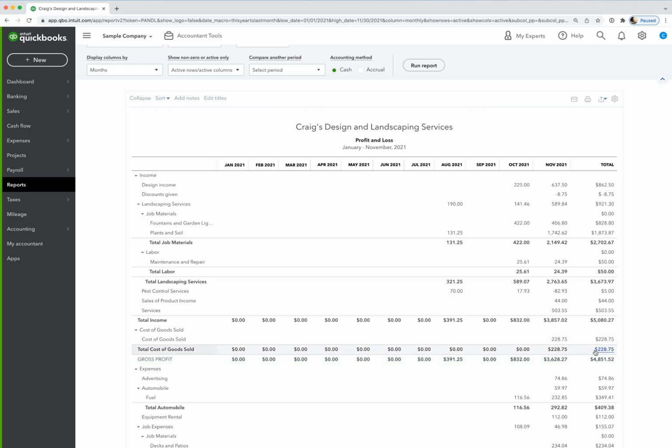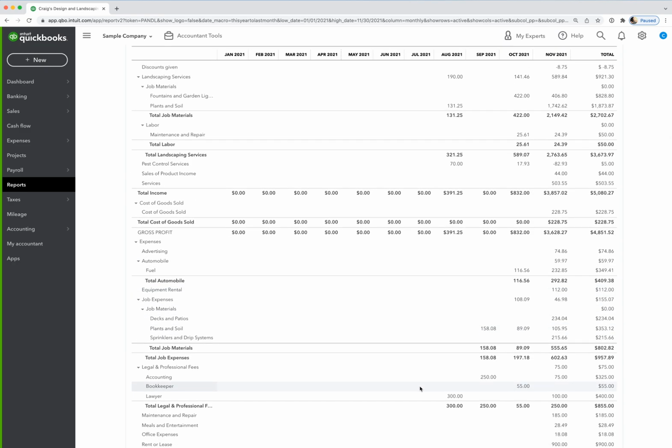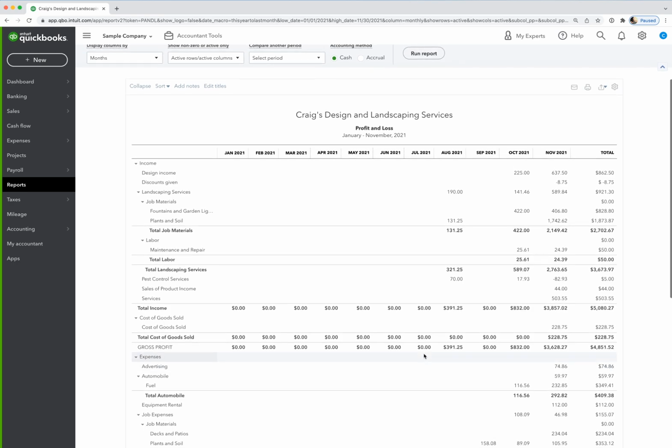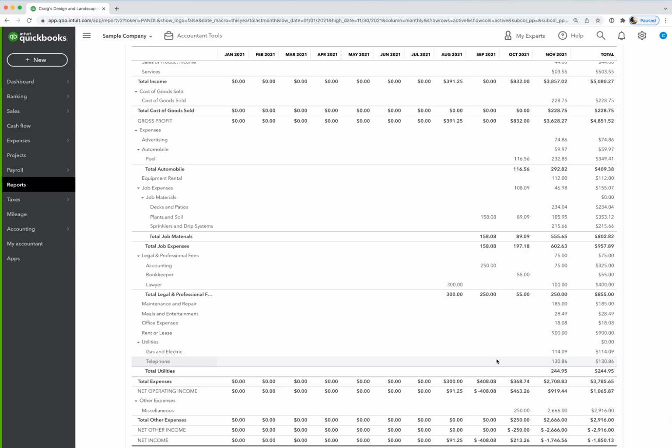And then below that gross profit number, you have all of your overhead expenses. So these are expenses related to the running of the business, not so much the development of the product or service. So just a quick overview, you've got income at the top, then cost of goods sold or cost of services is taken out. That shows your gross profit. Then all of your expenses are subtracted out and you get to your net operating income.